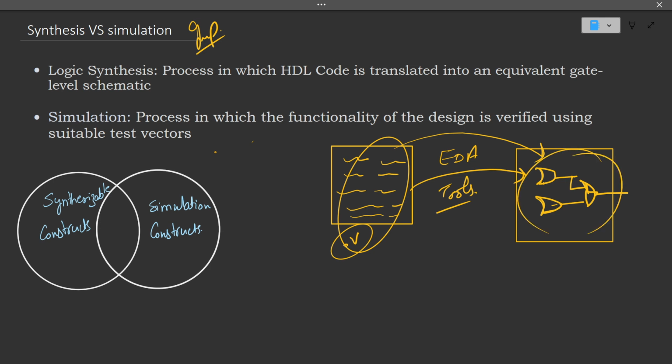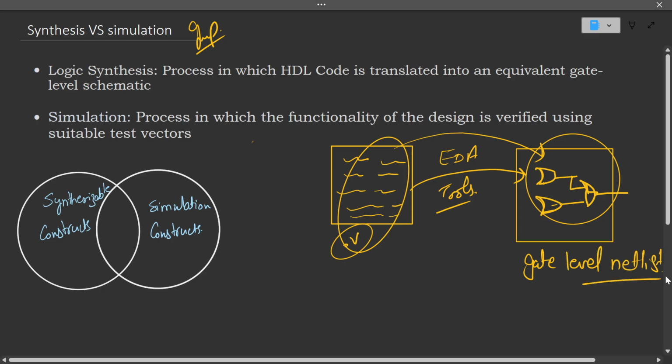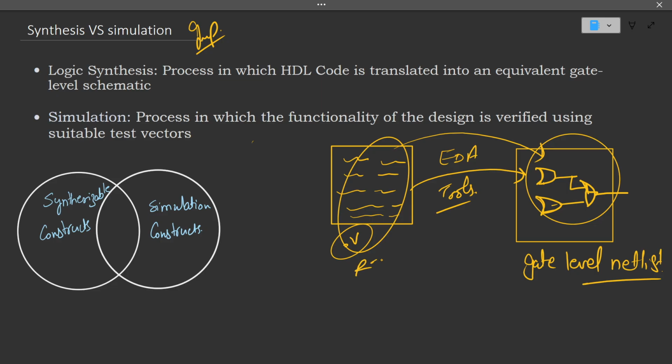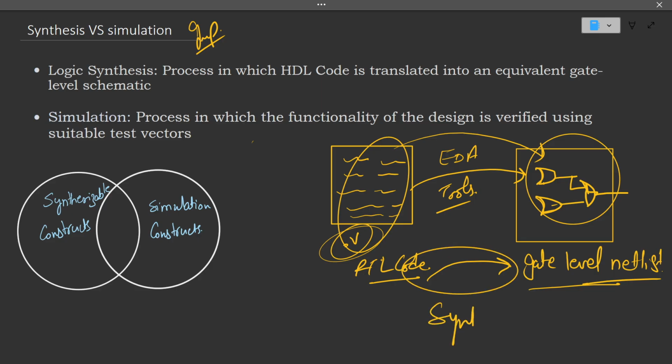This gate level representation is called a gate level netlist. Whenever the RTL code, that is this .v code, this textual representation, is converted into this gate level representation, which we call a gate level netlist, this process is called synthesis.